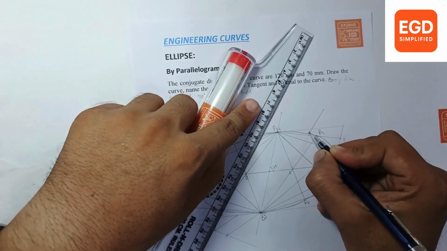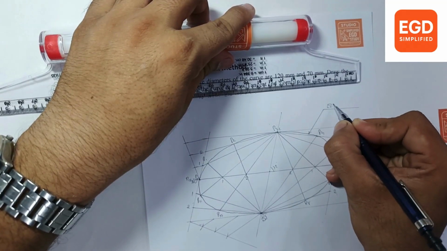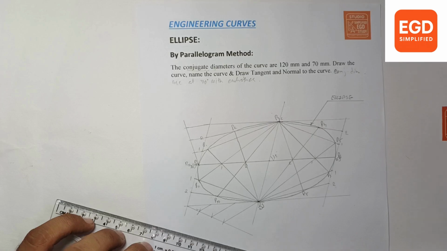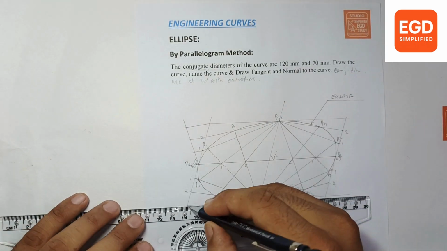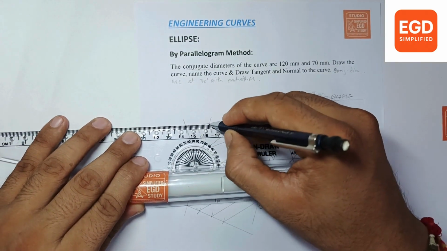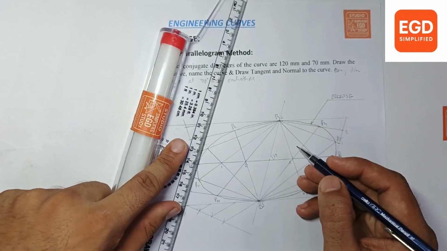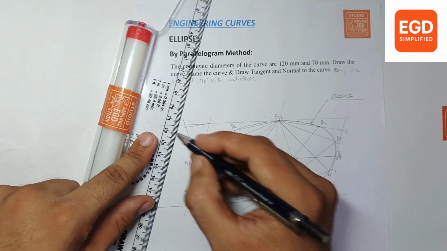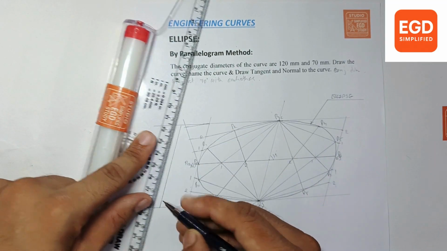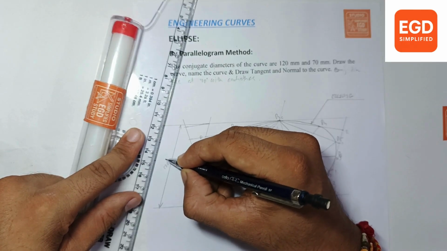So give the name, give the dimensions, is incline measurement is of 70 mm.